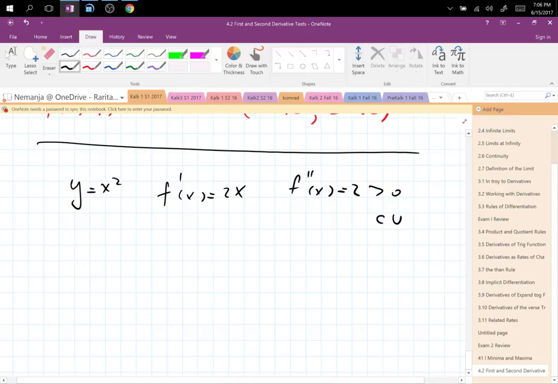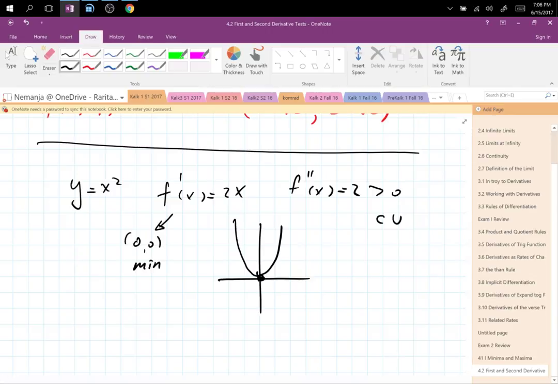So the entire thing on the entire domain is concave up. And we know that because the graph looks like that. And you are going to find over here 0, 0 critical point, but because the whole thing is concave up, you know it's a minimum, because concave up has a minimum and concave down has a maximum. So you could use the second derivative to claim min and max on every interval as well.